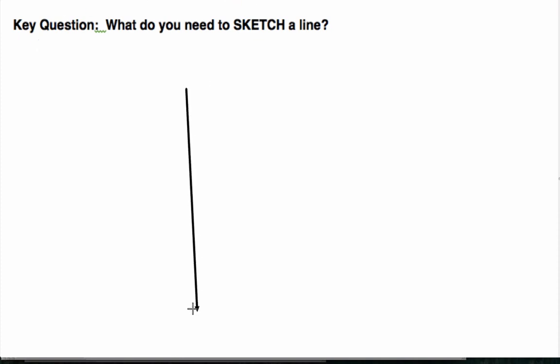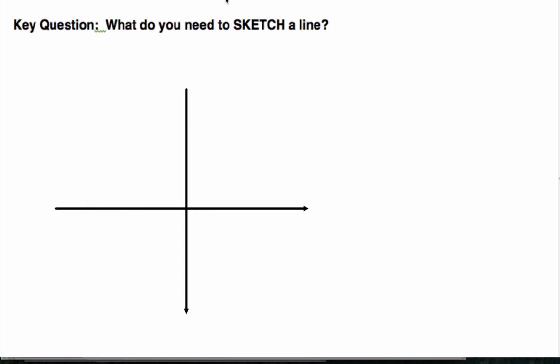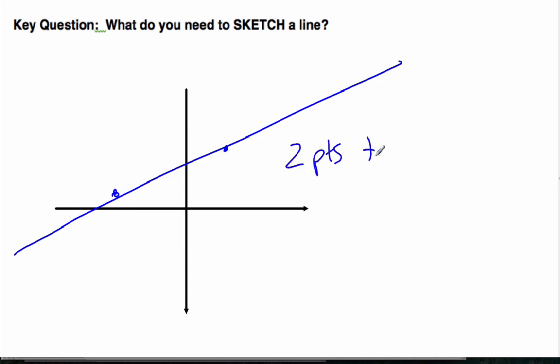If I am going to sketch a line, I need a point and a point. I need 2 points, and if I have 2 points, then I can sketch a line. How I get the points, there are lots of different ways to do that, which is often part of the problem that you have to figure out.